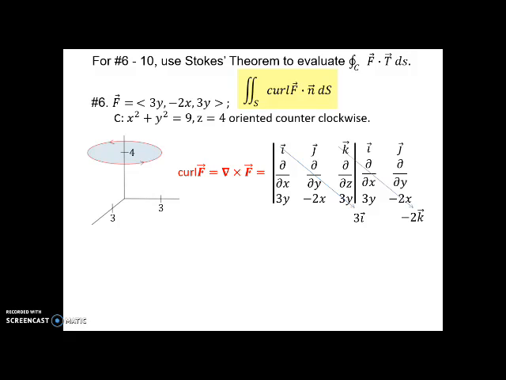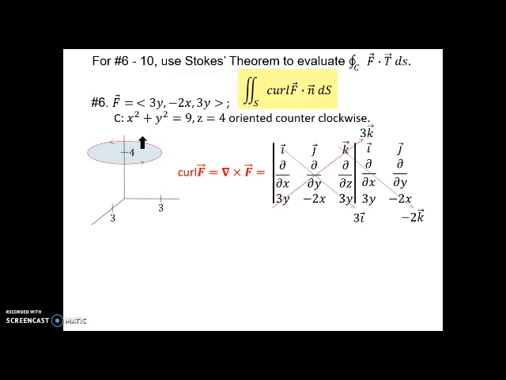And then I'm skipping the j one because the derivative of 3y with respect to z would be 0, so I didn't bother writing that. And then the next one, the derivative with respect to x of negative 2x is negative 2, and that's times k. And then going upwards, we get 3k, but the next two are 0. So that's all we have there.